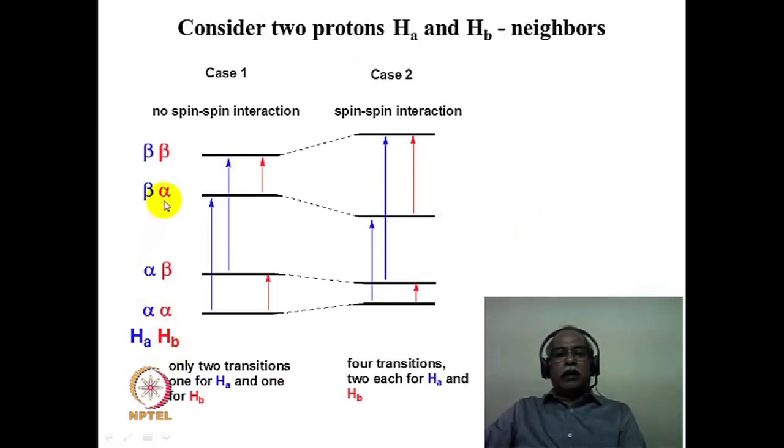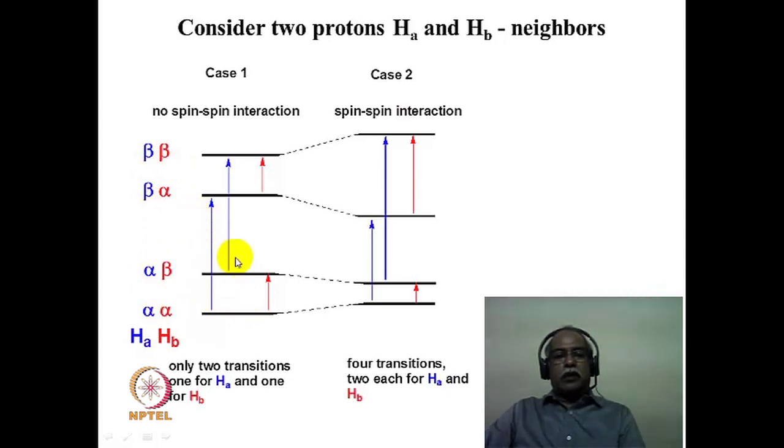Now there are 2 case scenarios that are presented here. The first case is there are 2 spins, but there is no interaction between these 2 spins. What is meant by interaction is the induced magnetic field of the first hydrogen is not felt by the second one, and vice versa. So that means these 2 spins are acting independently.